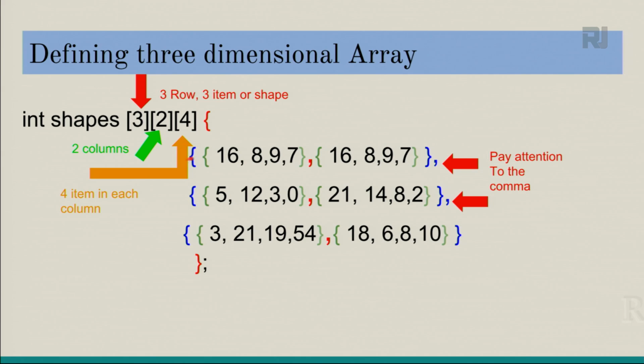So it has 3 rows, 1 column, and then comma, second column, and each column has green parentheses, and each row is blue. So 4 means we have 4 items.